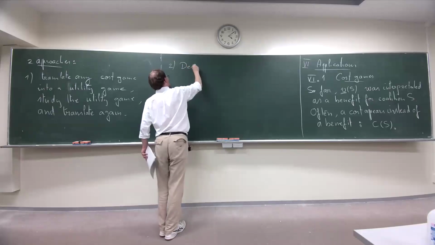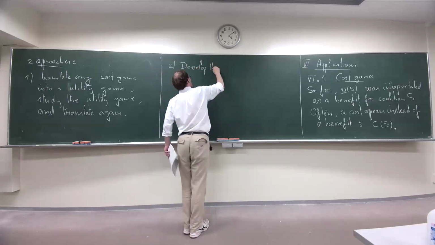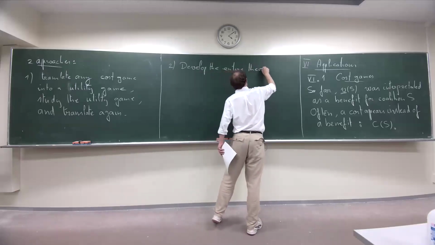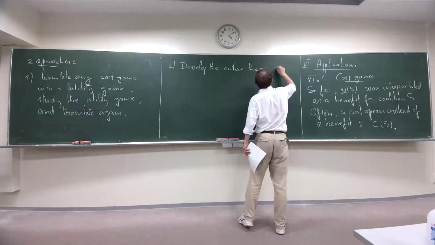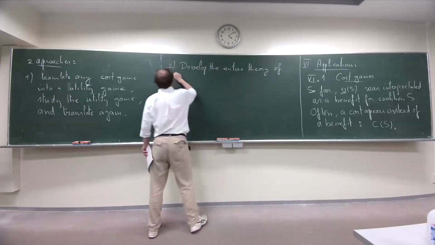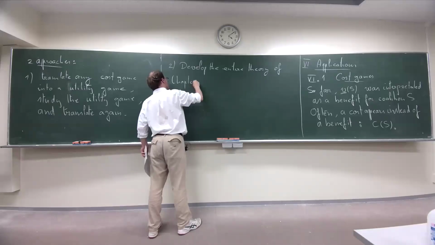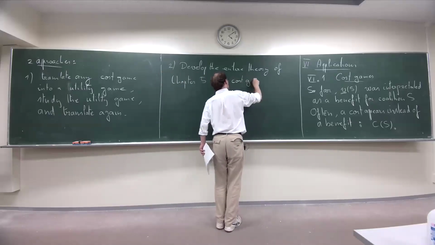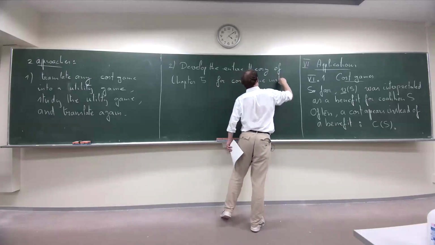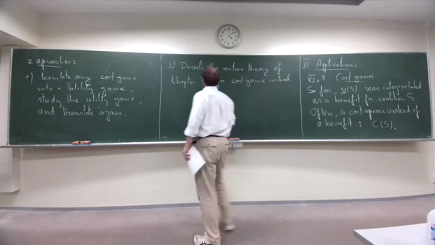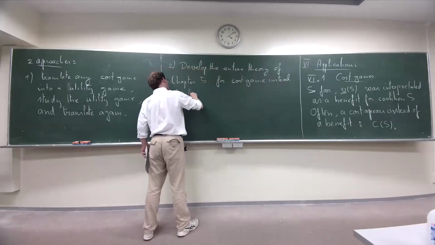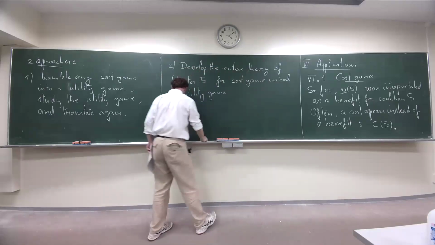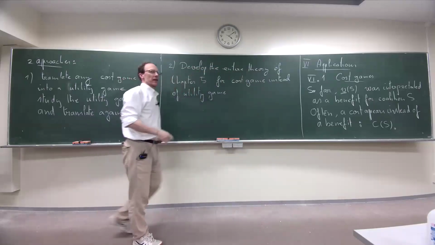Develop the entire theory of chapter 5, because this is where we deal with this, for cost games instead of utility games. So it means you do again the entire program.